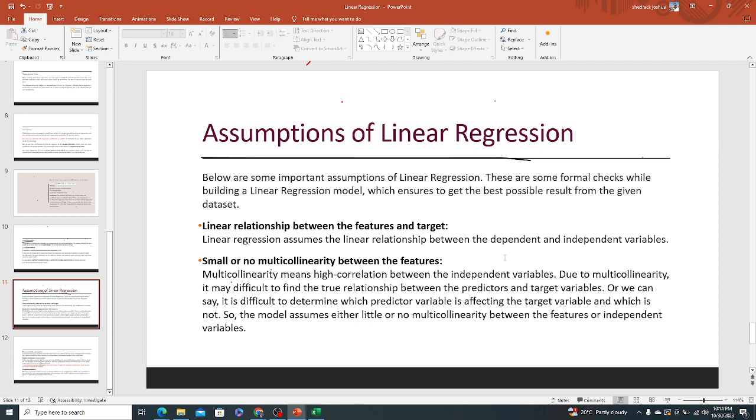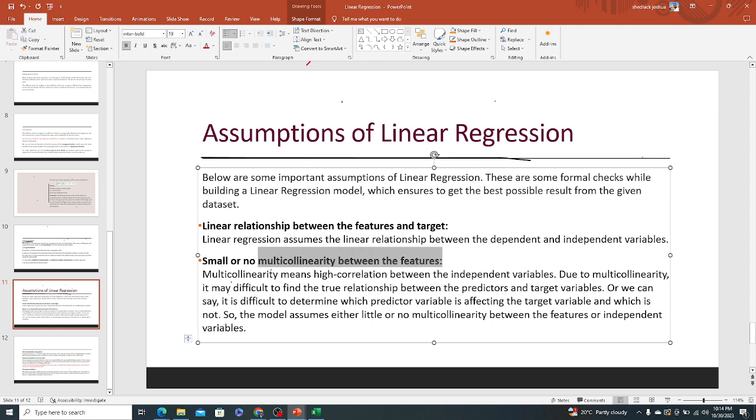Let me just tell you, for example, in case we find multicollinearity, is it an issue? Is it an issue enough to discard a model? The only disadvantage with multicollinearity is not about prediction.